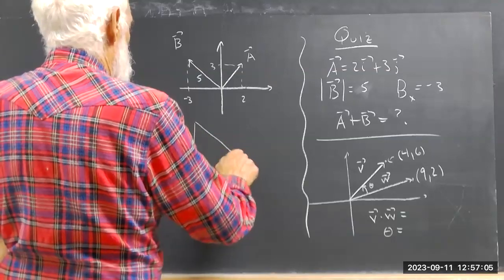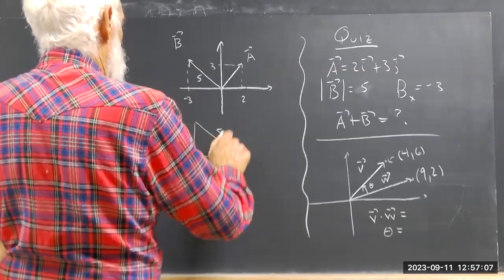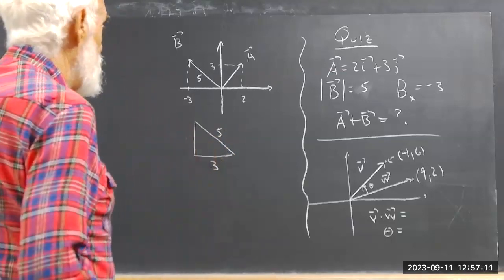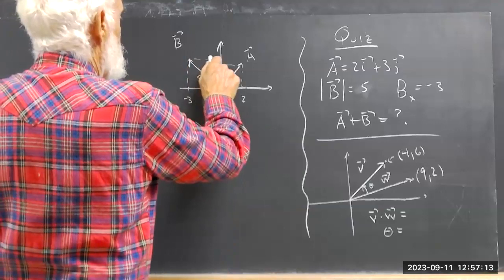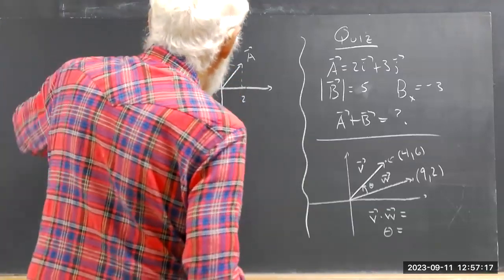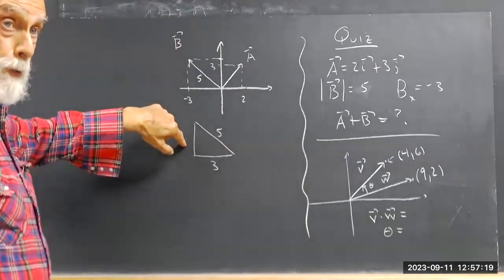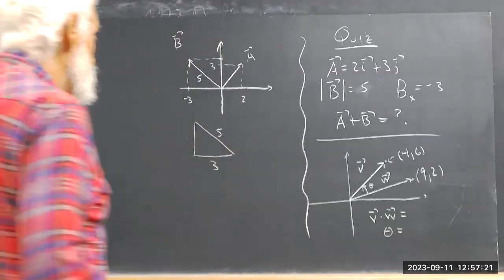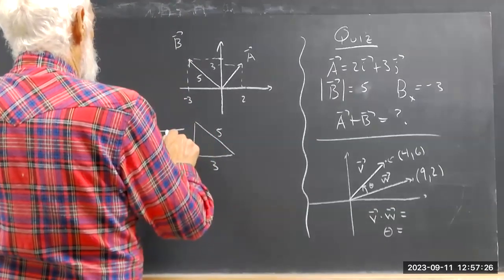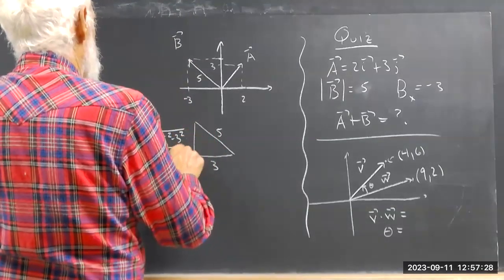First of all, we draw a triangle with 5 here and 3 here. We ask ourselves, what's this? Because of course, right here, whatever number we have is going to be the y component of your B vector. Okay, so 5, 3, well, this is going to be the square root of 5 squared minus 3 squared, which is 4.